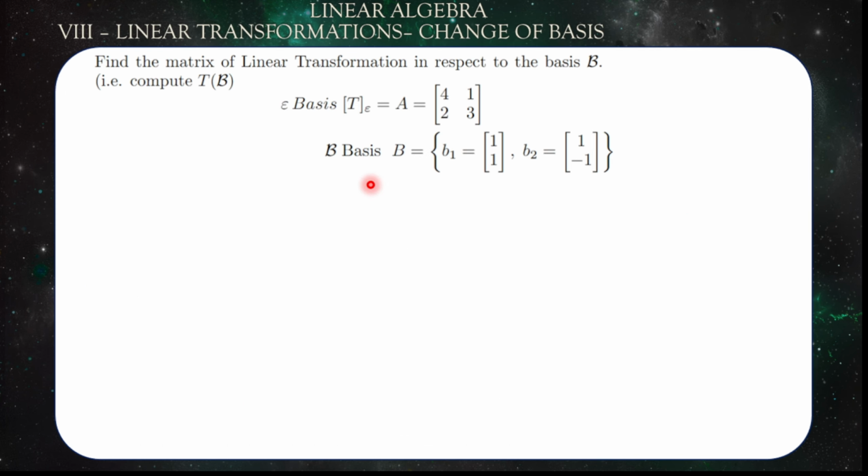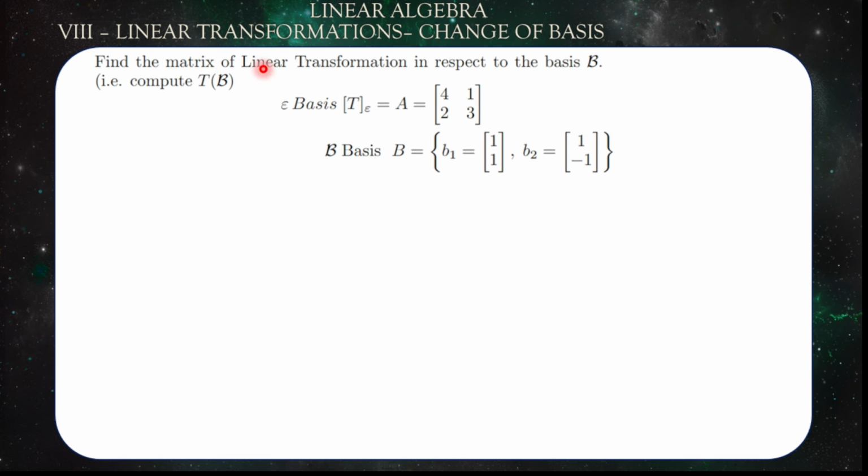Okay, so let's say you have a transformation T with matrix A in the basis epsilon given by 4, 1, 2, 3, and the basis B given by B1 = (1, 1) and B2 = (1, -1).